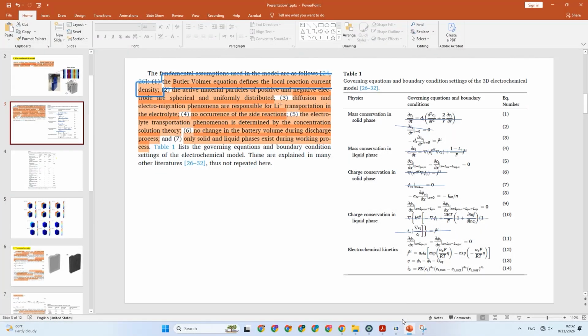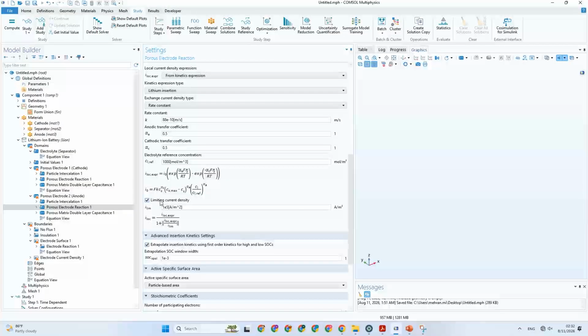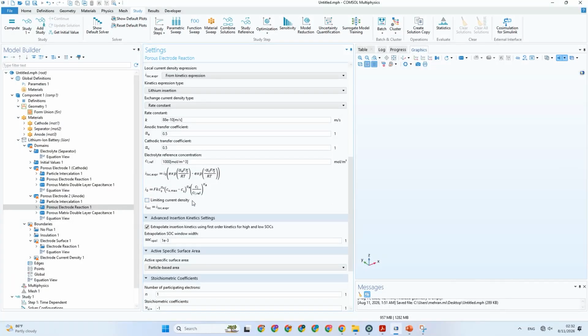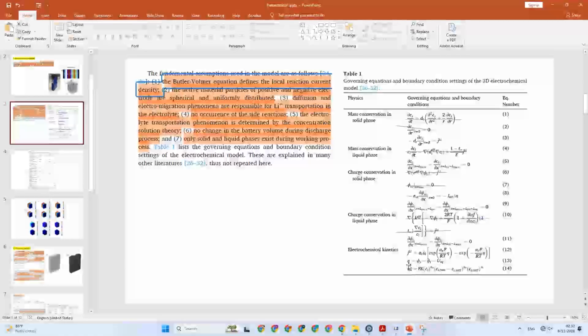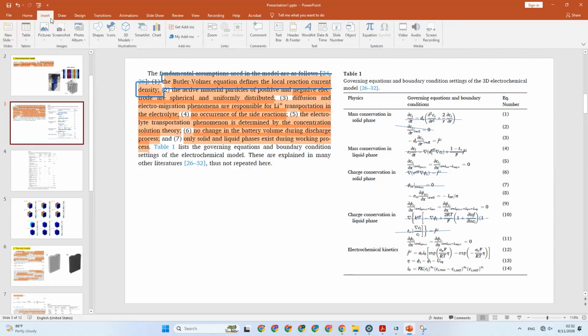Okay. And I0 is equal to F K CS, CS max, CS alpha, and we have here. Okay, let me just mention it. We bring this and we bring this.